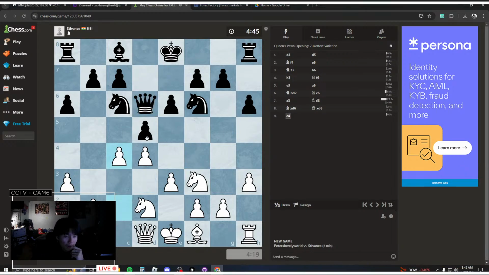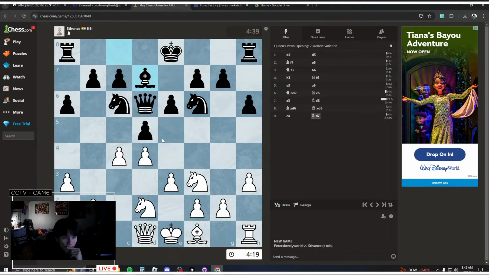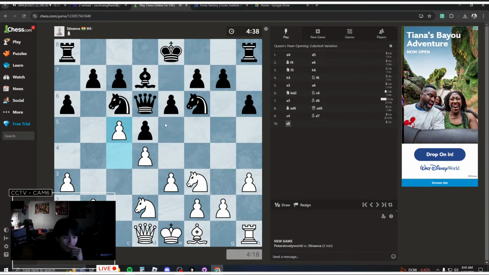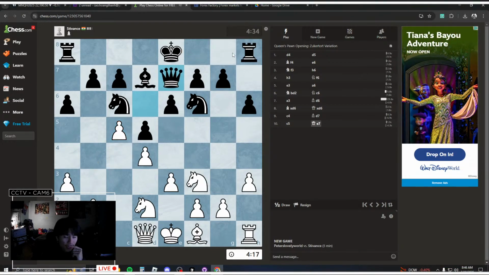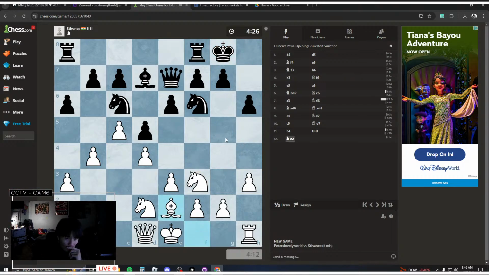I'm going to go here, and if he takes, I take with my knight, attacking his queen. I'll bring up this pawn. He's probably going to castle this way, which is reasonable because I'm probably going to do that as well. So here we have a little mini fortress. Playing pretty well. I'm going to move my bishop here, and then I'm going to castle as well.